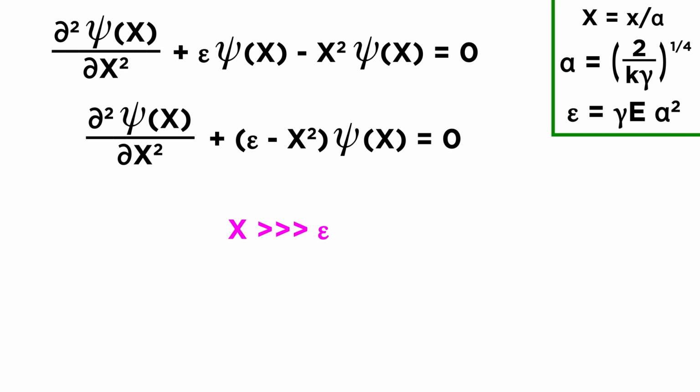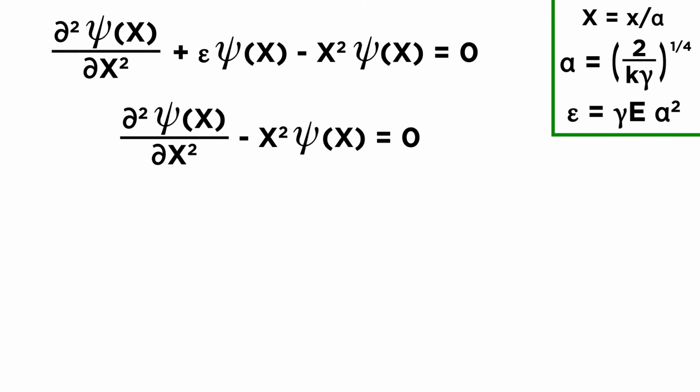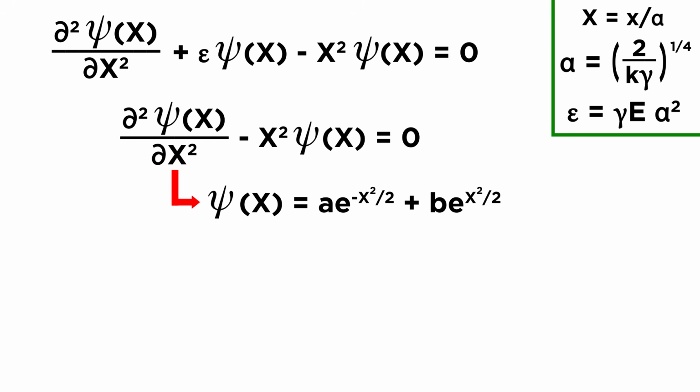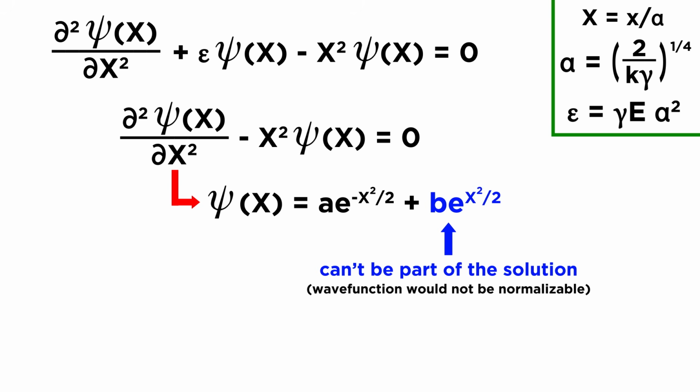First, let's think of one extreme case where big X is much larger than epsilon. Under this assumption, epsilon becomes negligible, and the equation will reduce to this, the second partial derivative minus this other term. Now, the solutions for this equation happen to be of this form. We must understand that the positive exponential can't be part of the solution, since the wave function would not be normalizable.